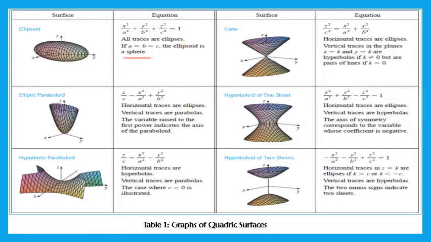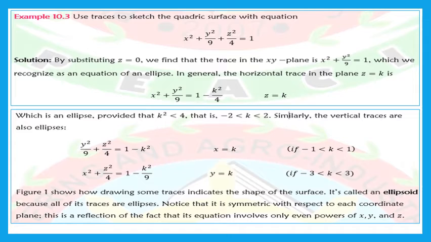So, let's give an example. First example, class, is use traces to sketch the quadric surface with equation x squared plus y squared over 9 plus z squared over 4 equals 1.